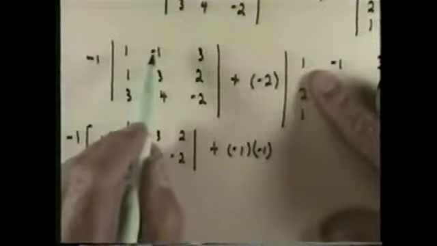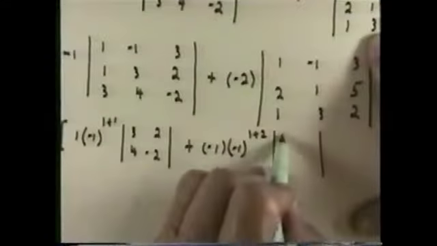Plus a negative 1 times a negative 1 to the row 1, column 2, 1 plus 2, times the determinant with row 1, column 2 removed. So that would be 1, 2, 3, negative 2.